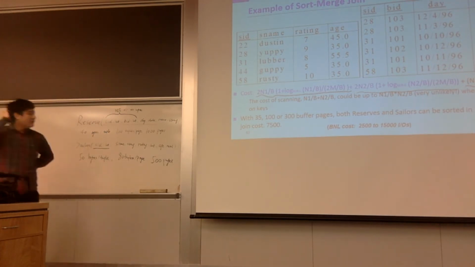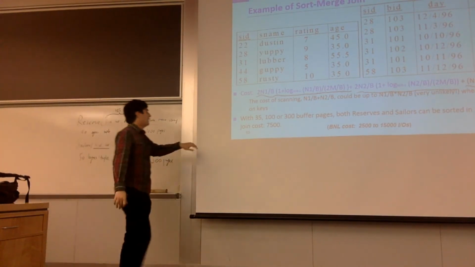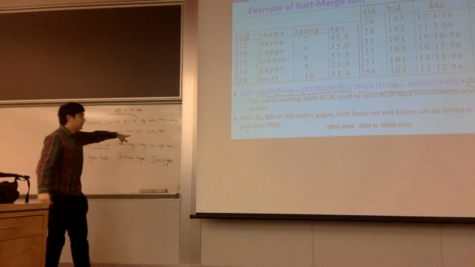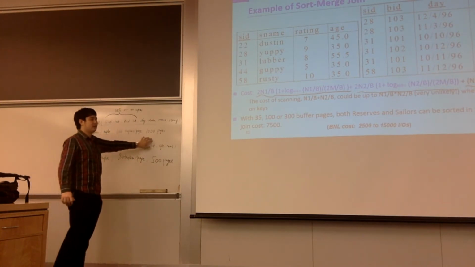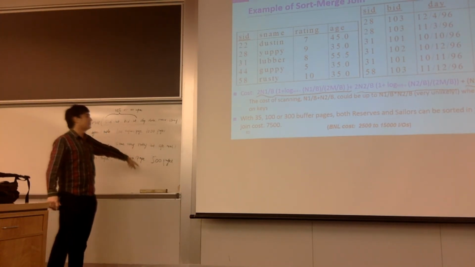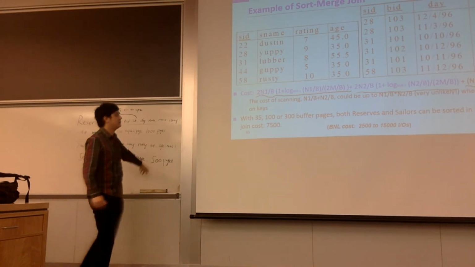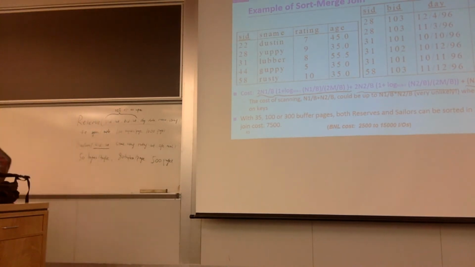If you plug in some numbers, 1,000 pages is N2 over b, and 500 is N1 over b.